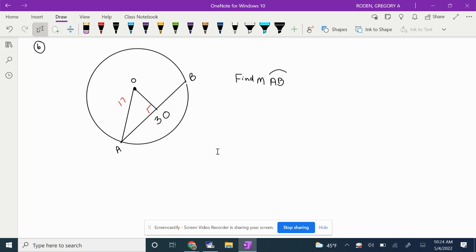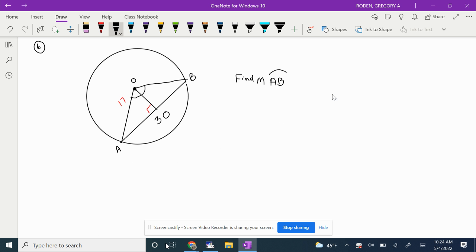So, let's remember our information. Congruent arcs have... arcs are congruent to their central angle, correct? Correct. So if we somehow knew this central angle right here, if we just completed this entire angle, we would know the measure of arc AB.